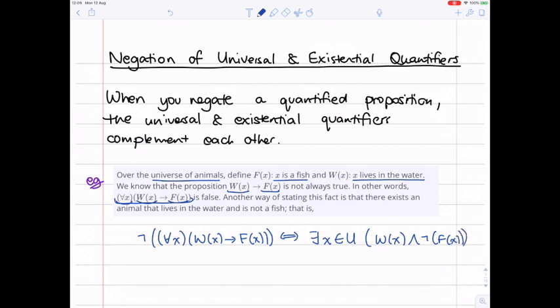Notice that if it's not the case that things are true for all x, then we must be able to find an x for which the situation is not true.